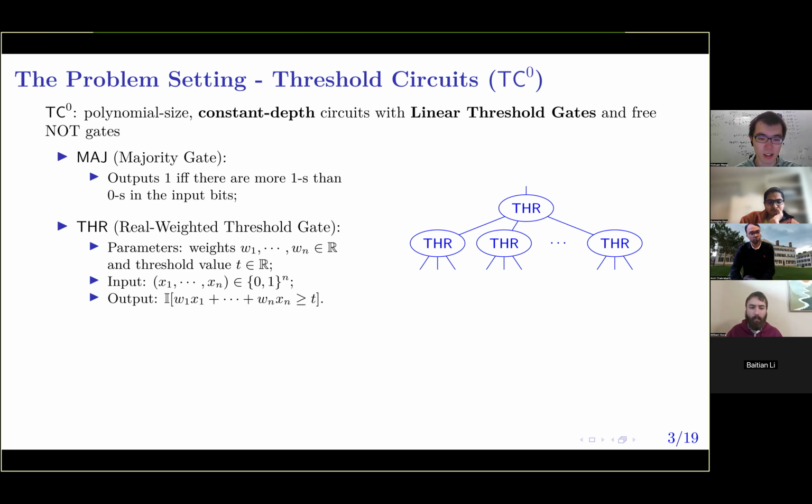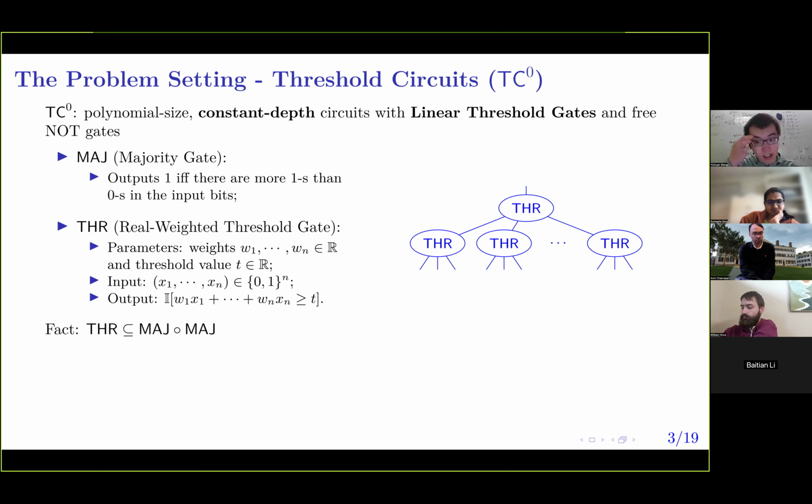Let's say there are weights W1 to Wn. We take an input string, compute this linear sum of the input bits, and test whether it is larger than some threshold value. You can think of the majority gate as just a real-weighted threshold gate with all weights equal to 1.